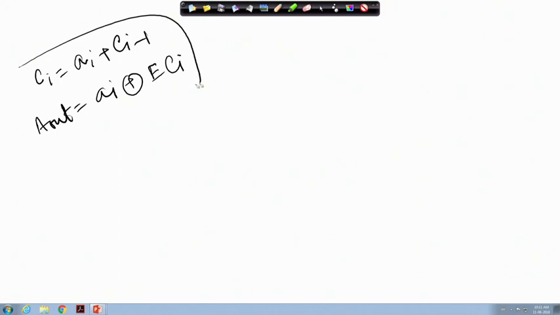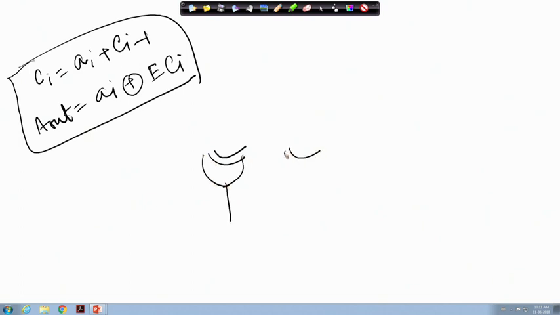So this was the logic for designing the controlled 2's complement circuit. If I draw the circuit for this particular expression for 4 bits, how will it look? It will look like this.